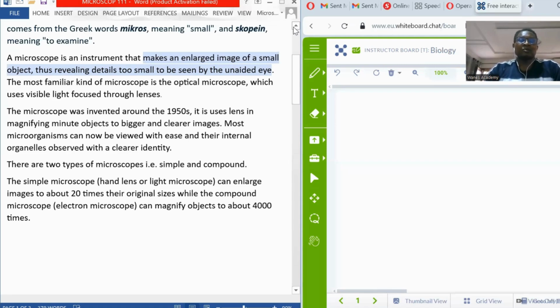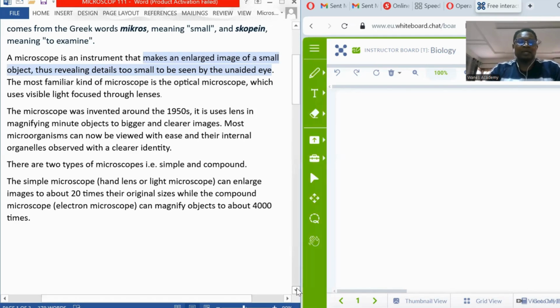While the compound microscope includes the electron microscope. The electron microscope is the most complex microscope. The electron microscope can magnify objects to about 4,000 times, while the simple microscope, like the light microscope, can magnify objects to about 220 times.